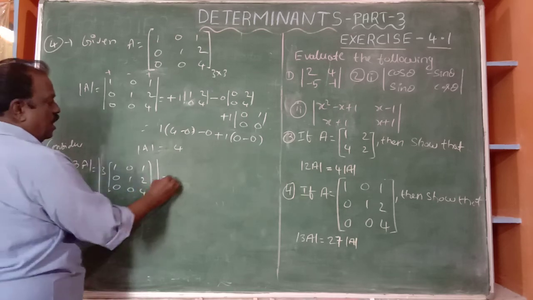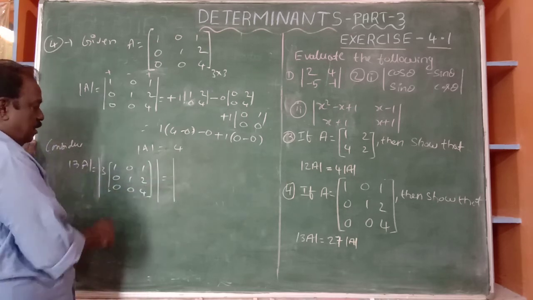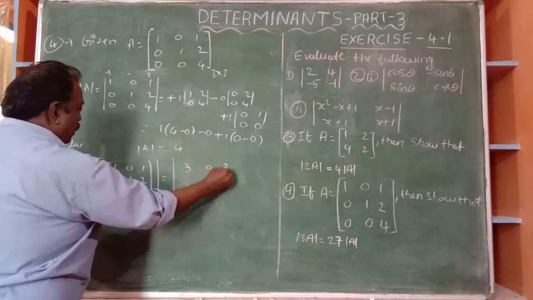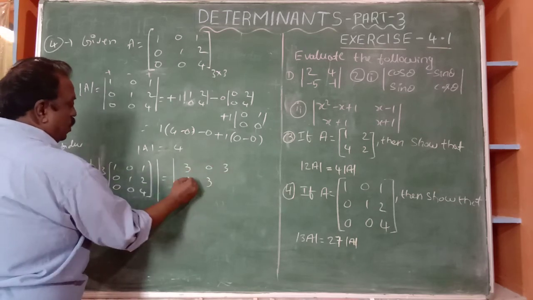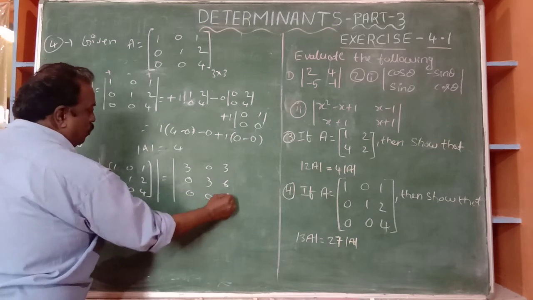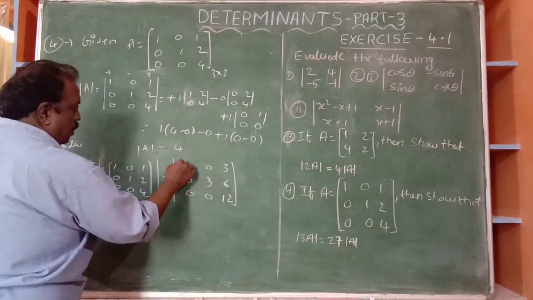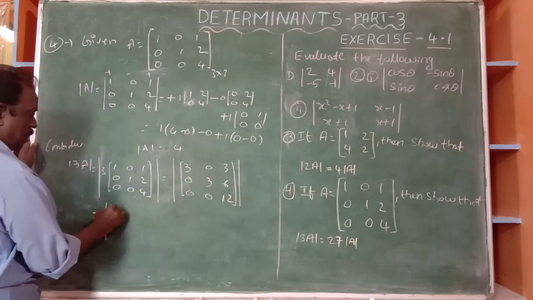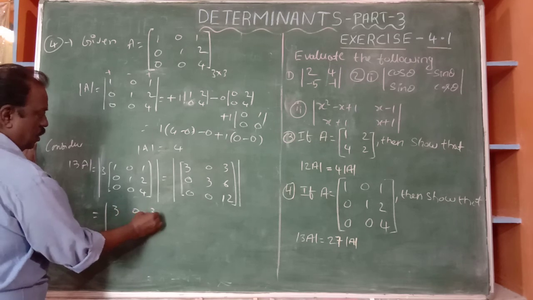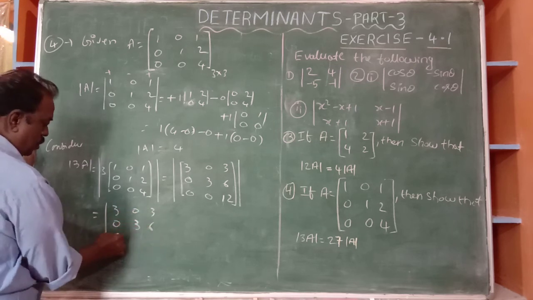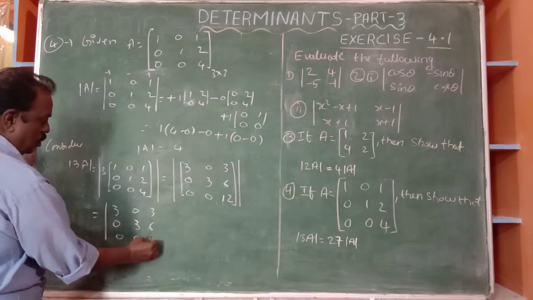This 3 is there, determinant is there, matrix also. 3 into 1 is 3, 0, 3, 0, 3, 6, 0, 0, 12. Okay, now it is a determinant: [3, 0, 3; 0, 3, 6; 0, 0, 12].